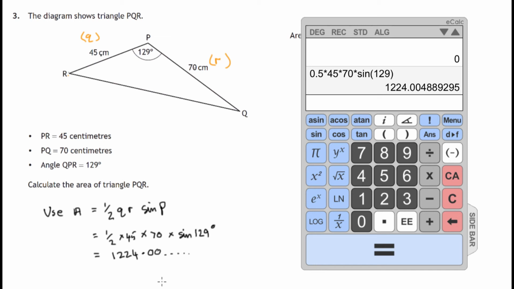Now, how accurate do we make this measurement? Usually to three significant figures, so let's do it approximately 1,220. So that's in centimetres squared because it's an area, and we've made it accurate to three significant figures.